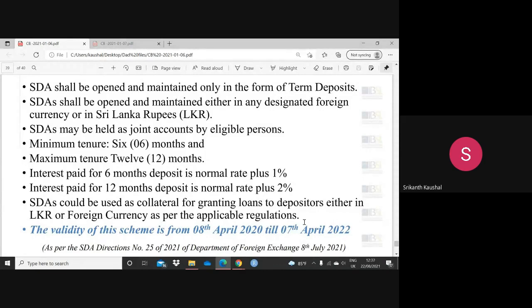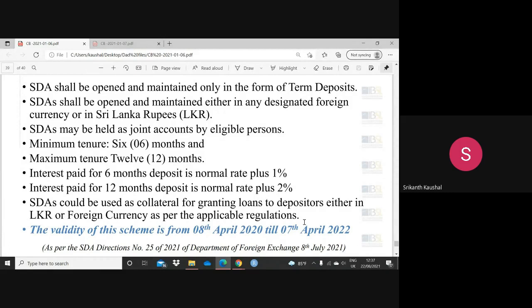So remember, if you get a question, what do you understand by SDA? It is a special deposit account meant for bringing more inflow into the country. Banks have been told to pay normal interest plus 1% for a 6 month term deposit, and for 1 year, normal interest plus 2%. This scheme is available till April 7th, 2022.